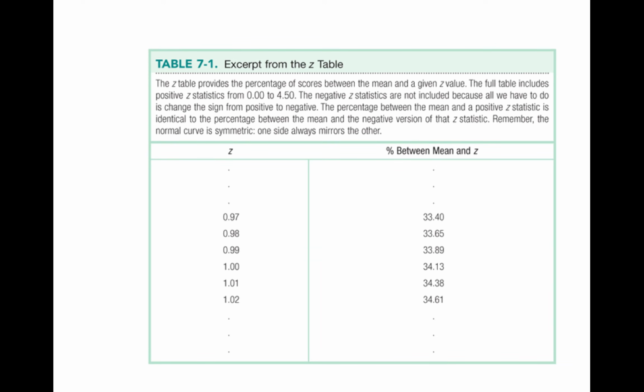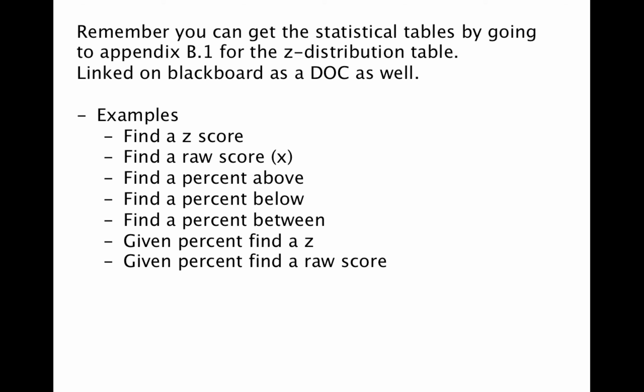So this is kind of where we're going to stop, and this is the slide that you saw earlier. So what we'll do in class together is talk about finding just plain old z-scores, finding the raw scores if you're given the z-scores, and then really work a lot on these percentages.